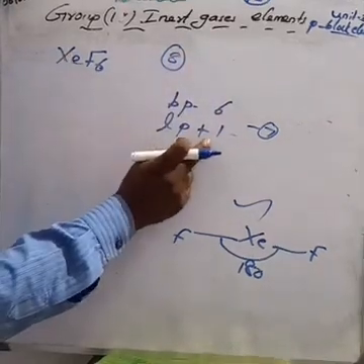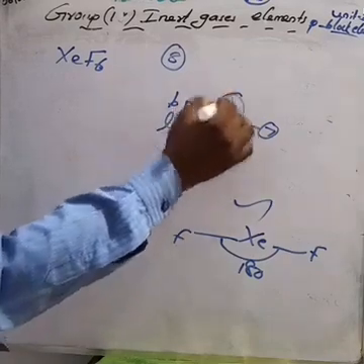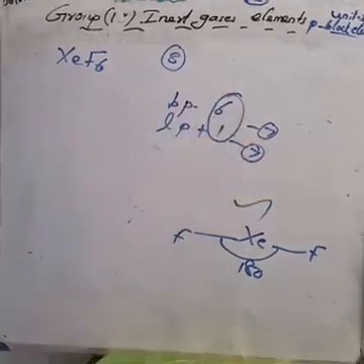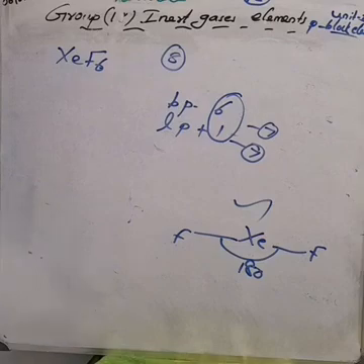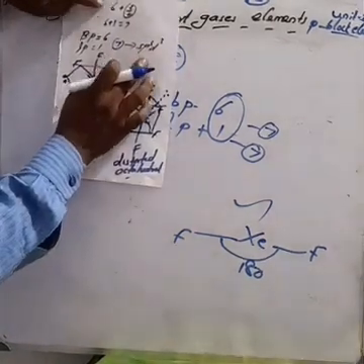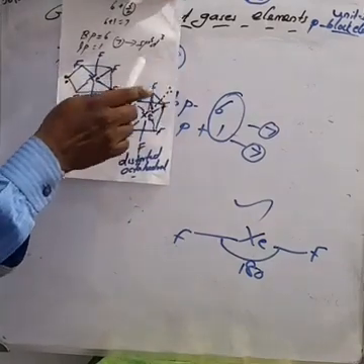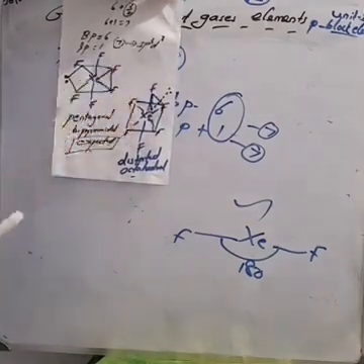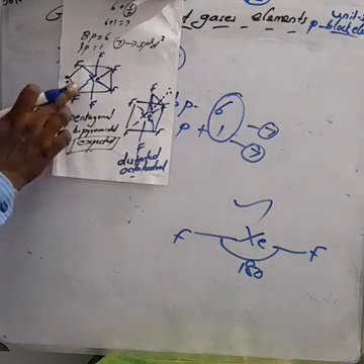So the lone pair is 1 and the number becomes 7. This is sp3d3 hybridization. Without considering the lone pair, what is the shape?